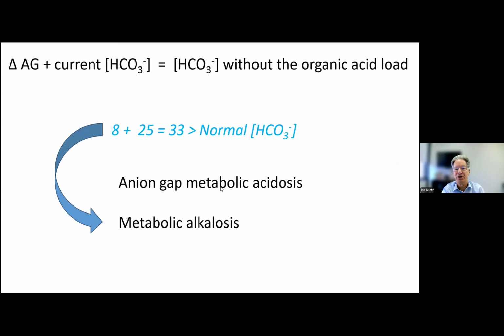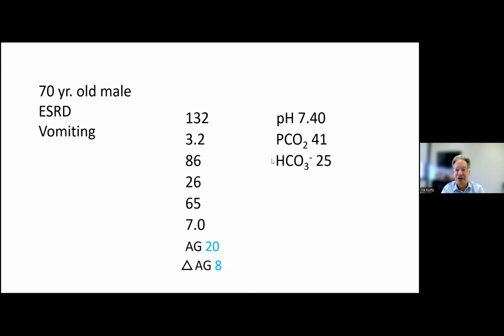So the anion gap metabolic acidosis dropped it by 8, and you would have to come to the conclusion that the patient has a metabolic alkalosis also, and that's why you ended up with two of these things resulting with a final number of 25, which on the face of it looks like it's normal, but you actually have two acid-base disorders, each opposite quantitatively in magnitude. The metabolic alkalosis raised it by 8, and the metabolic acidosis lowered it by 8, and you end up with 25.